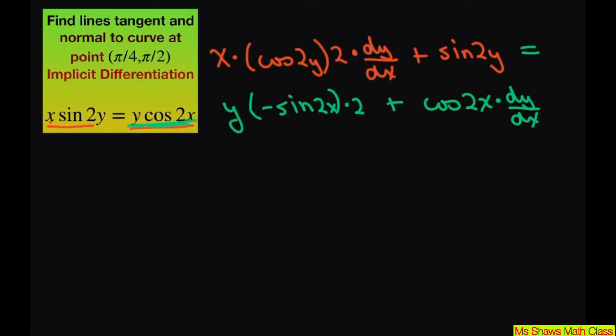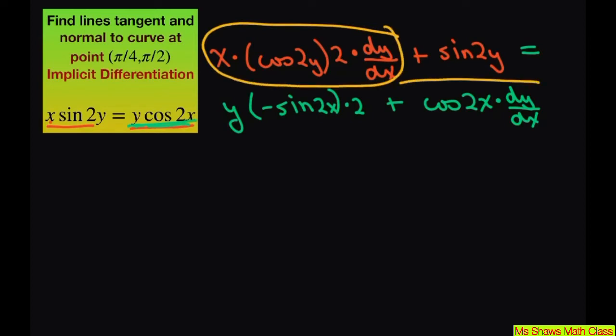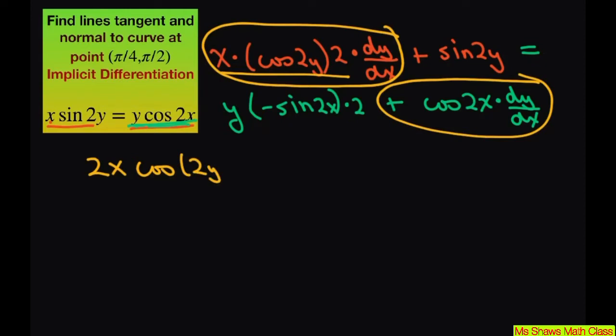Now, let's group our dy/dx's together. For this one, I'm going to write 2x cosine of 2y, and put the dy/dx outside. This is on the right-hand side, so I move it over. That's going to be minus cosine of 2x.